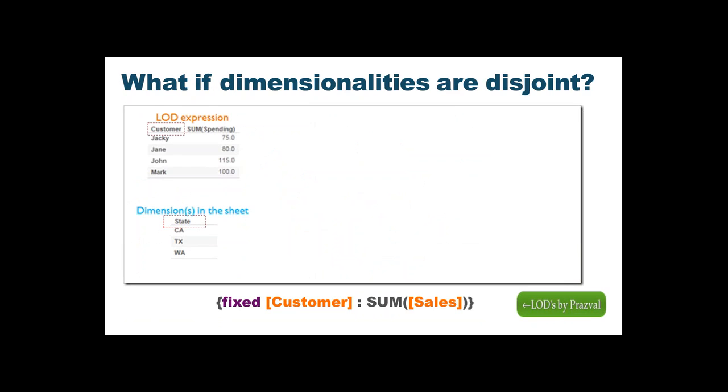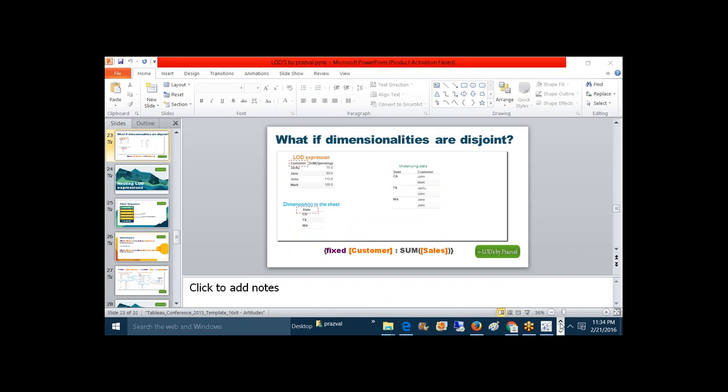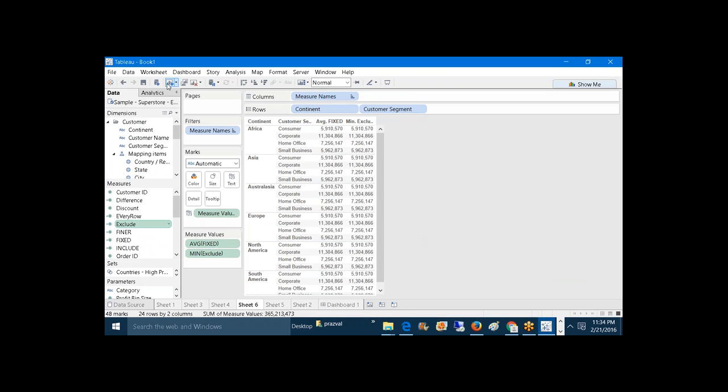So one exceptional case. What will happen if my LOD contains one dimension and my view contains some other dimension? It is called the disjoint behavior. It is the exceptional case. Let me take here one expression.